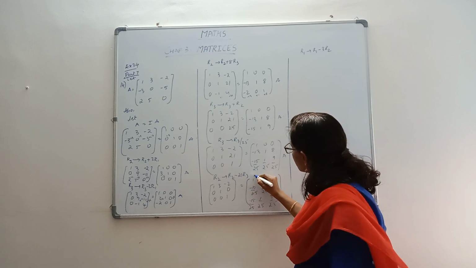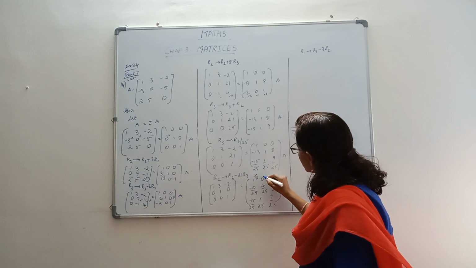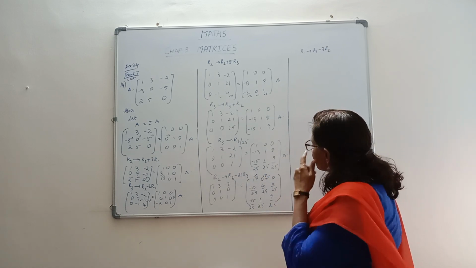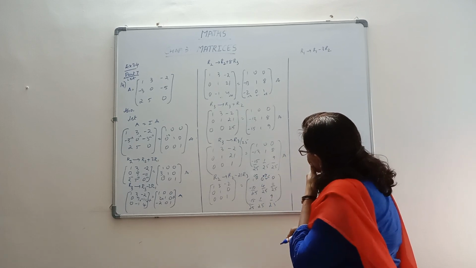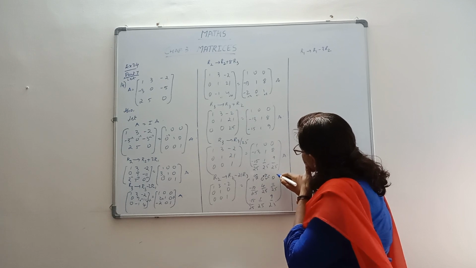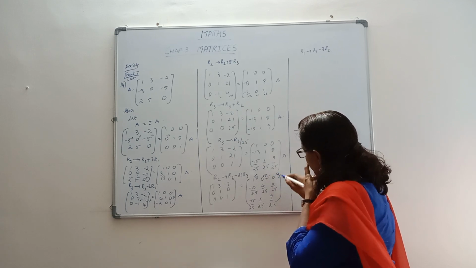So plus 30 by 25, plus 12 by 25. It is minus, so minus and minus is plus, this is minus. Then minus 33 by 25.